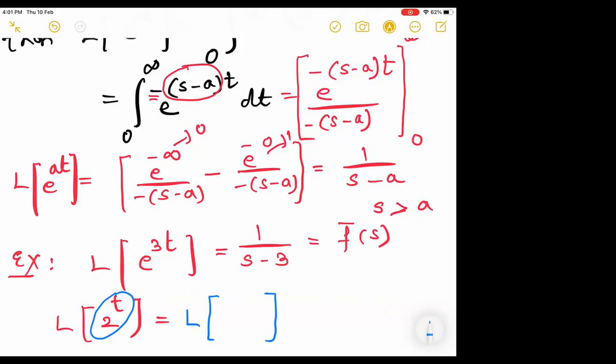So this is known. Suppose if I put t log 2? Yes, very good.